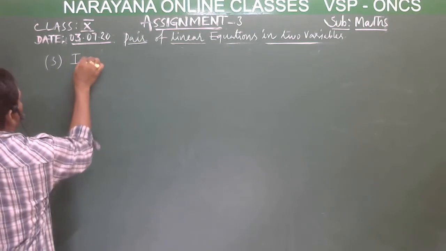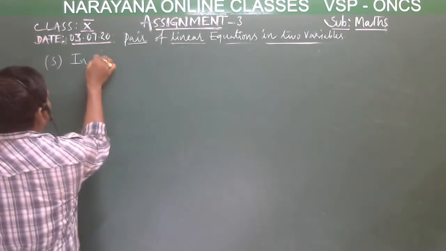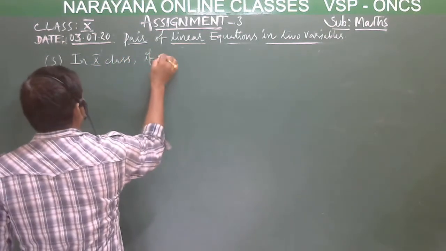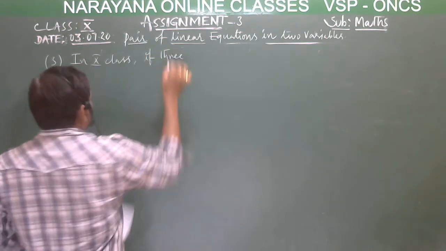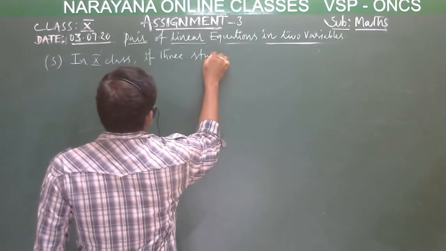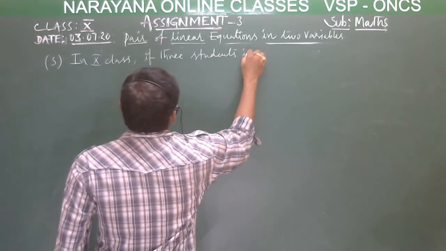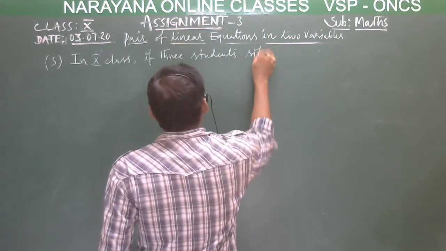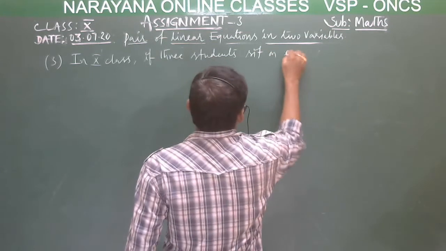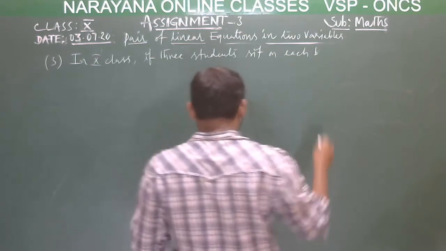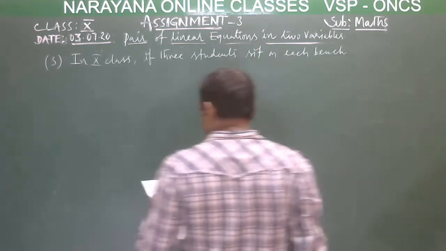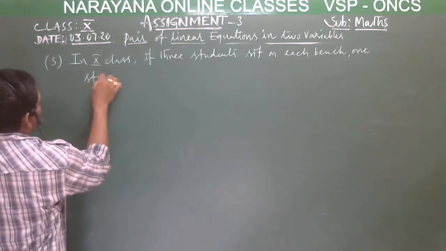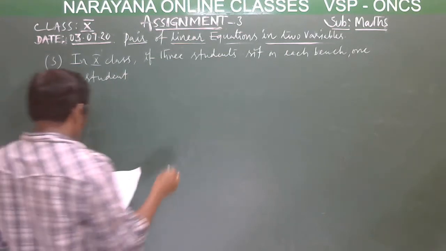In a 10th class, if 3 students sit on each bench, one student will be left.